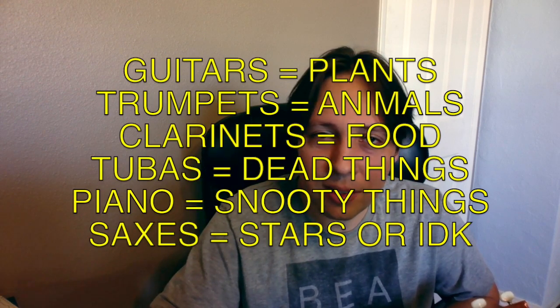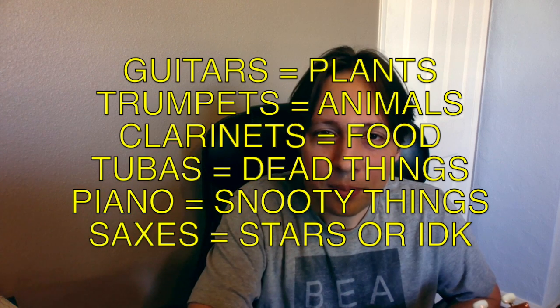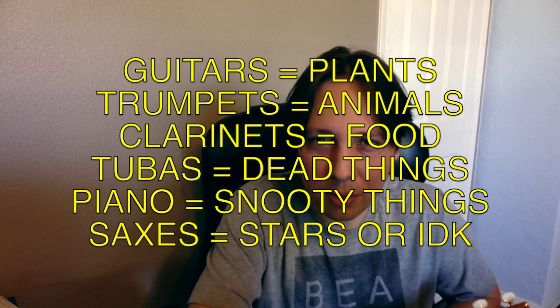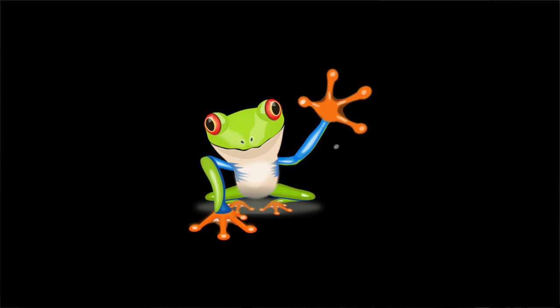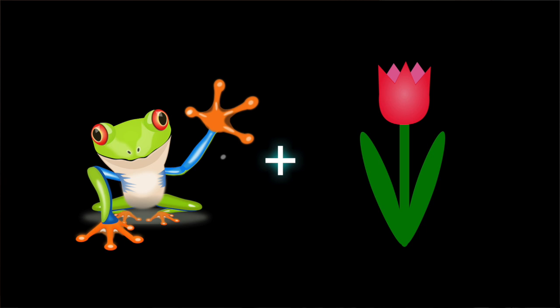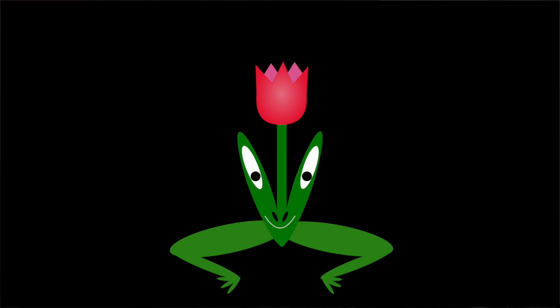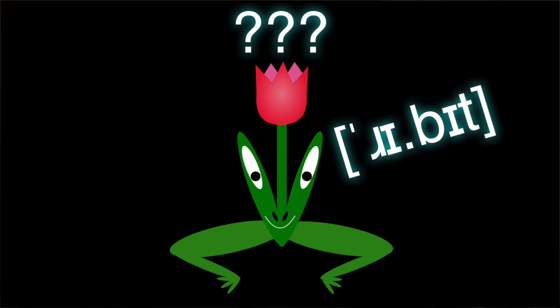Maybe if guitars just did plants, and trumpets just did animals, you would have two words that, I don't know, what's a plant and animal that makes sense? Like a frog and a frog tulip. I'm going to say that a frog tulip is a thing. I don't think it is a thing, but if it were, that could be something you could do.